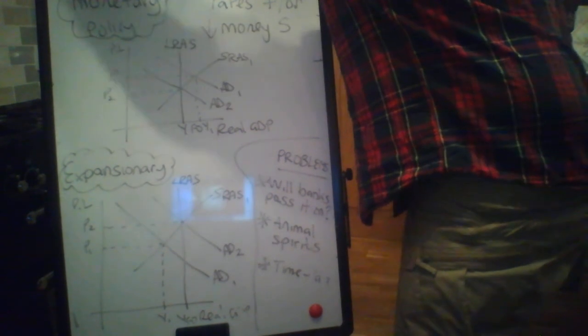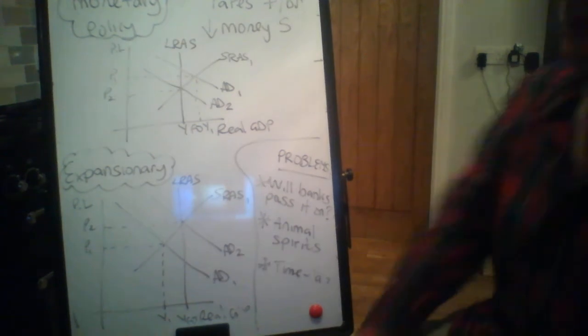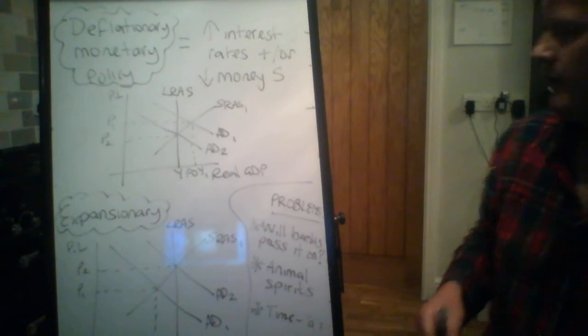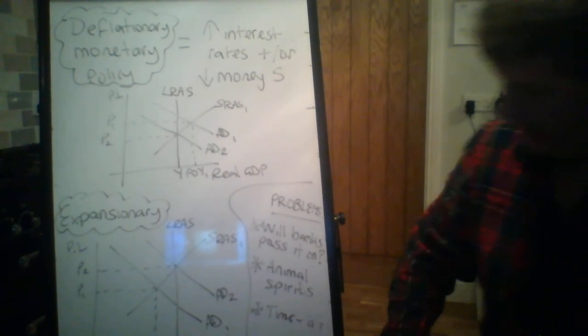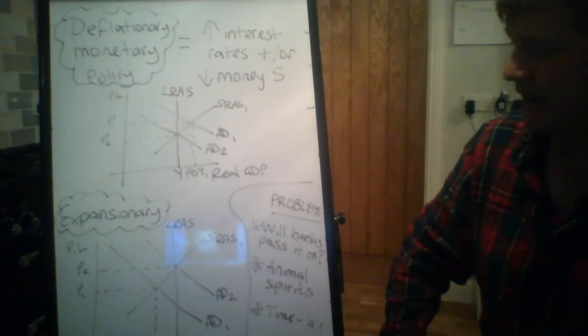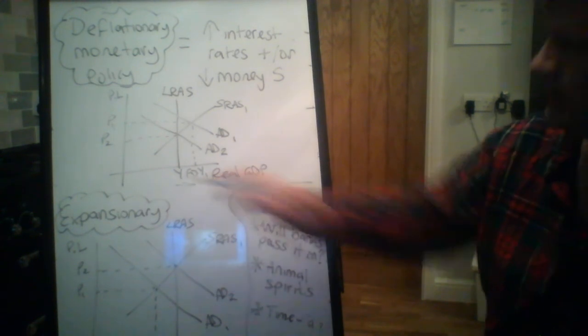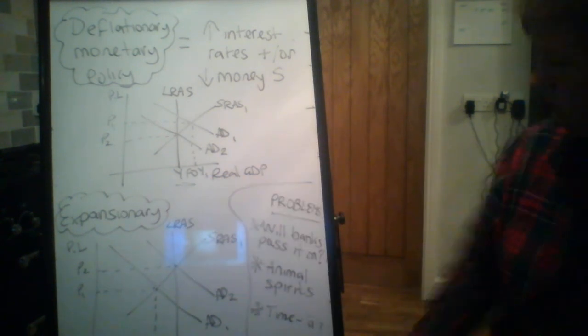Right, everyone, now what we've got here then is how we can use monetary policy to influence aggregate demand in the economy. Right, now what I've gone for here is a classical LRAS curve. Remember, YFE is the potential of the economy.